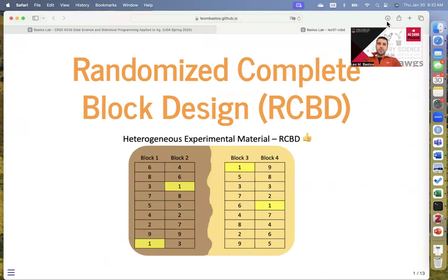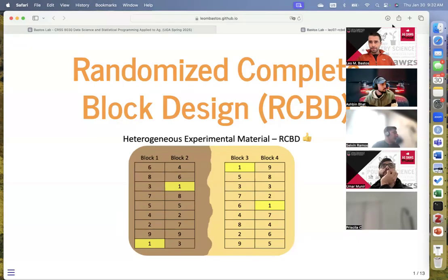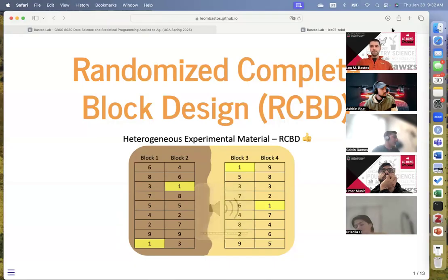Before I get started with this specifically, does anyone have any questions or need clarification from what we talked about last class? Roberto: Yes. Would you recommend any specific number of replicates, let's say a number of blocks per year, so we don't repeat the experiment the following year?